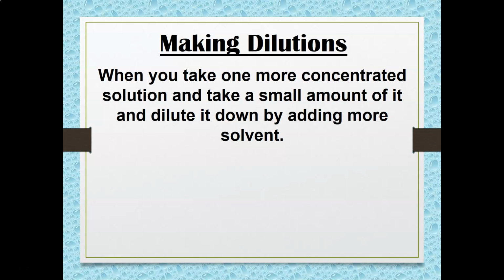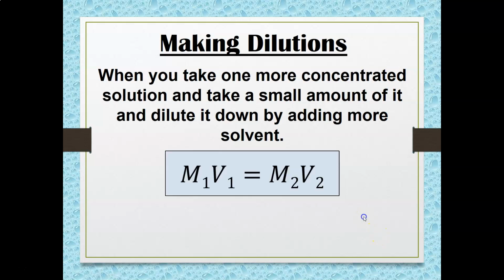I might need 1.5 molar, but in the stockroom I only have 6 molar. Well, there's a calculation I can do to figure out how I'm going to water it down. How much water do I need to add to get the diluted solution that I need? We call that equation M1V1 equals M2V2.